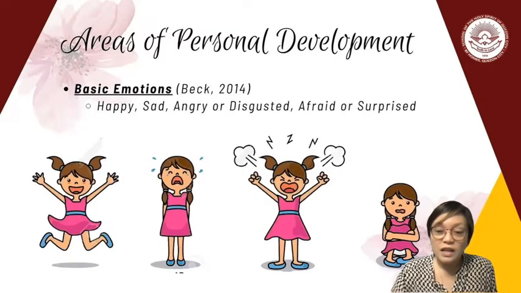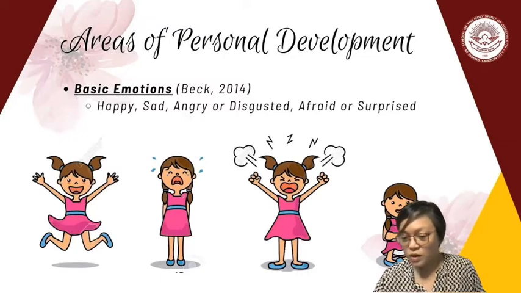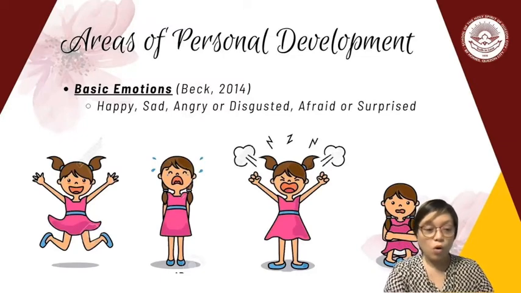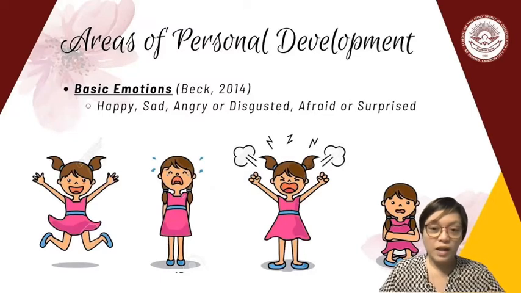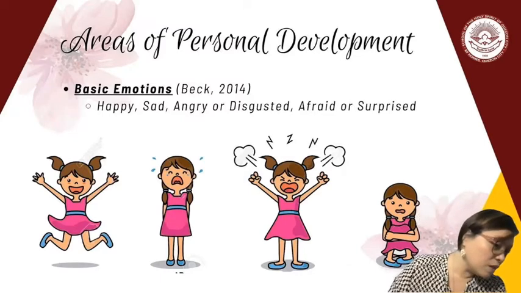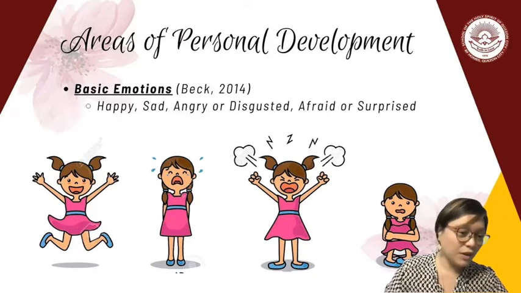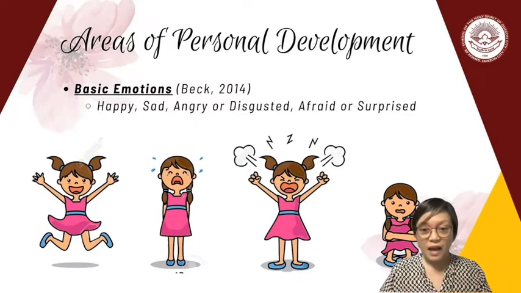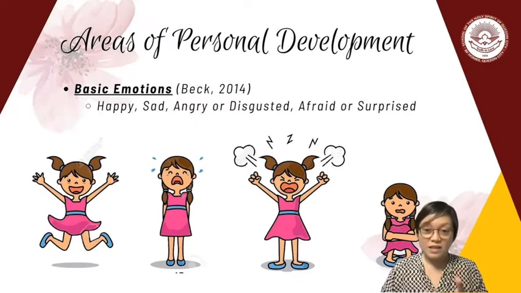Now, there are different emotions. There are basic emotions. I'm sure some of you can recall this in the movie, if you have seen the movie Inside Out. All right? So these are the basic emotions. There's happy, sad, angry, or disgusted in the movie.